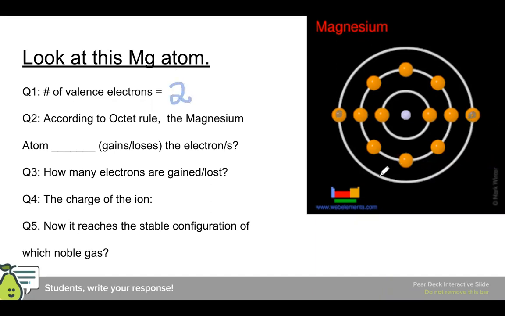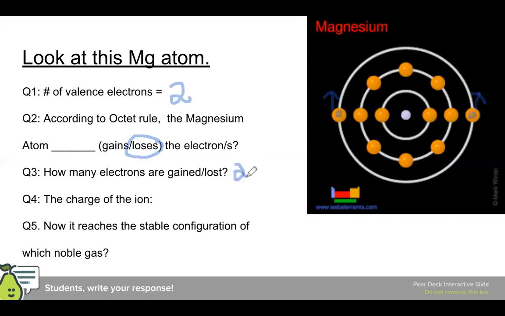So to become 8, what should it do? Either it has to add 6 more electrons, or it has to give away these 2 electrons. Which is easier, gaining 6 more or just losing 2? Obviously losing 2. So the magnesium loses 2 electrons.